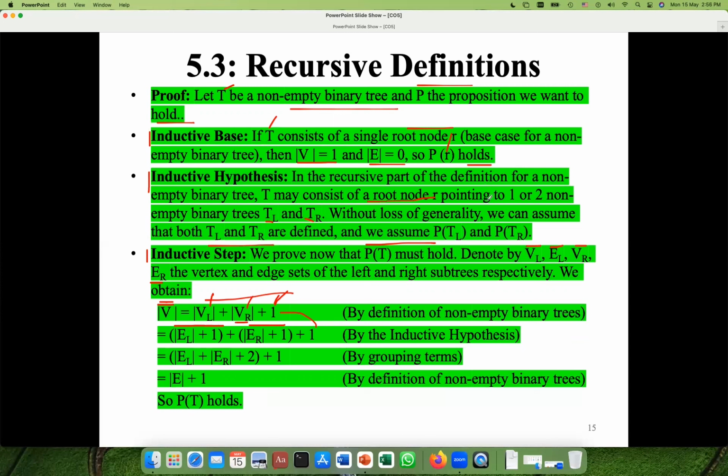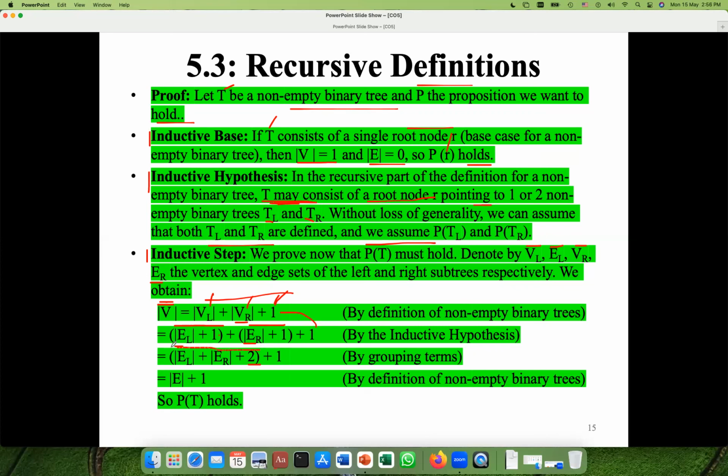This was the inductive hypothesis. It has the two binary trees TL and TR, nothing else. So I am just putting that according to the inductive hypothesis, nothing else. Now simplify it. So size of EL, size of ER, and then this one and that one, you will have two.